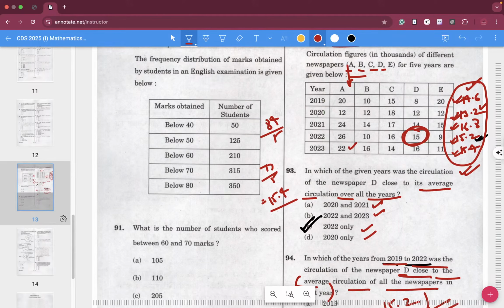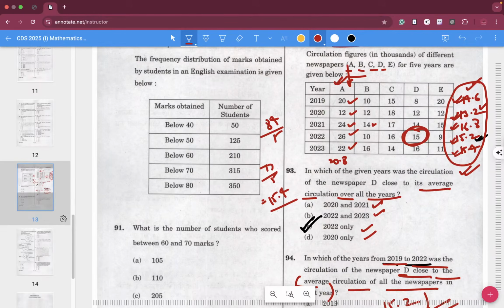22, this is 50, 72, 92, 94, 104 divided by 5. 104 divided by 5 is how much? 20.8. So across all these years 2019 to 2023, the average for newspaper A was 20.8.